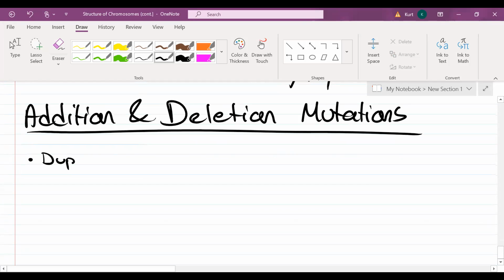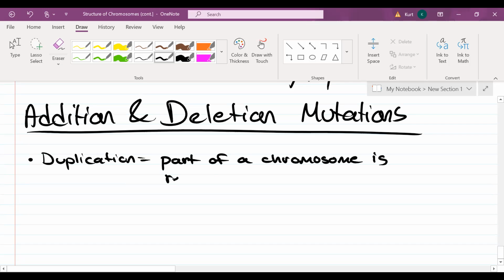We first have a duplication mutation, where a part of a chromosome is replicated on the same chromosome.